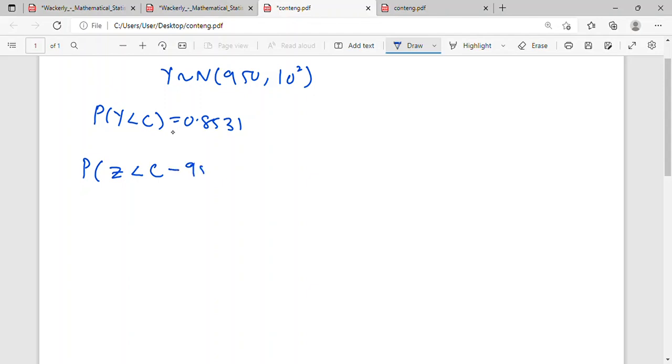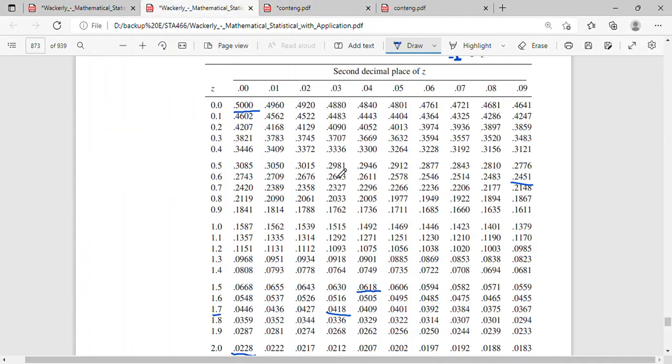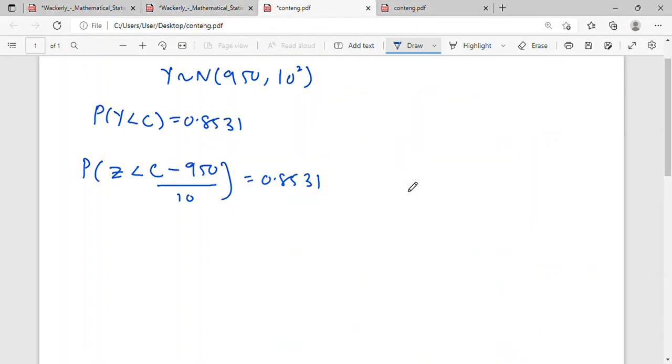Tolak dengan mean divide dengan standard deviation. Okay, so nilai 0.8531. Satu lagi kena tahu sama ada nilai Z tadi tu berada di positif ke negatif side.